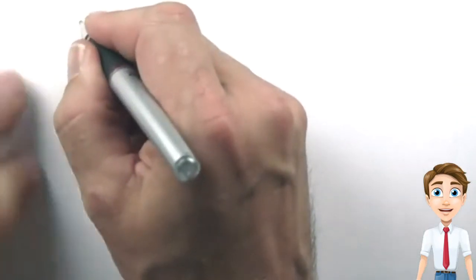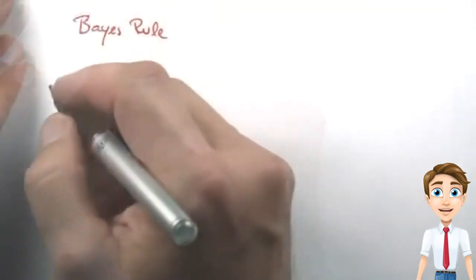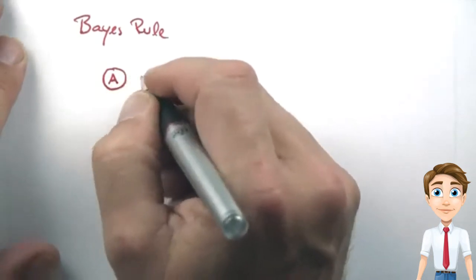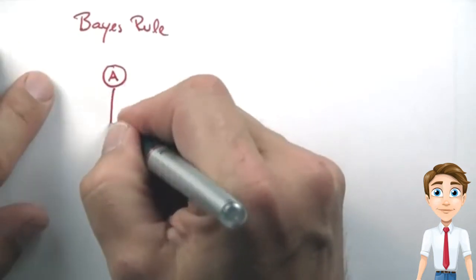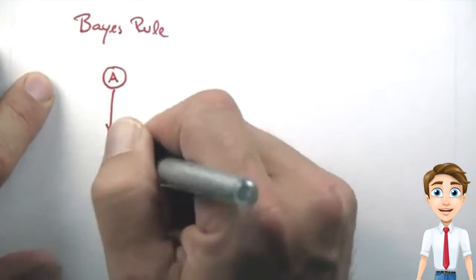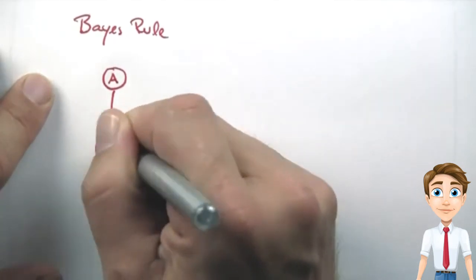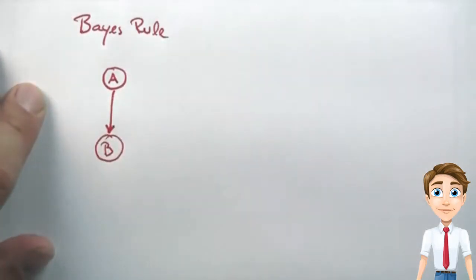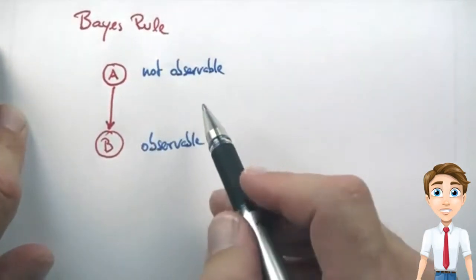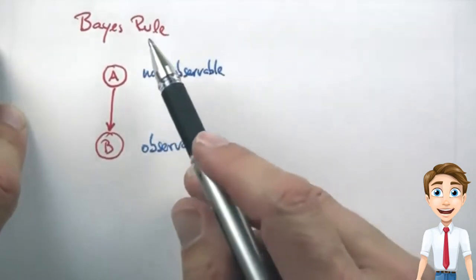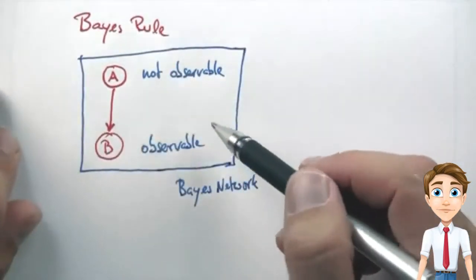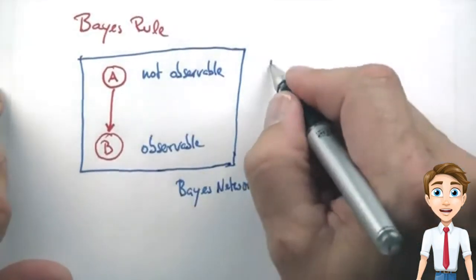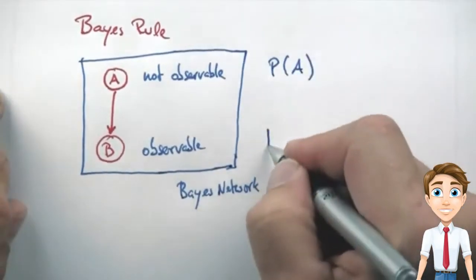So we want to draw Bayes' rule graphically. We have a situation where we have an internal variable A, like whether or not we have cancer, but we can't sense A. Instead, we have a second variable called B, which is our test, and B is observable, but A isn't. This is a classical example of a Bayes network. The Bayes network is composed of two variables, A and B. We know the prior probability for A, and we know the conditional.